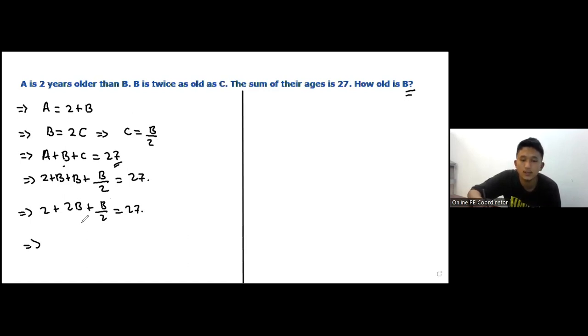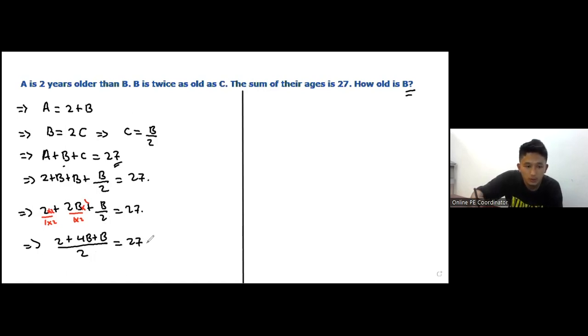We have to make the denominator the same, but you can't directly add it together. The denominator of the other terms is 1, and 2 for the fraction, so we have to make the denominator the same. So multiply both sides by 2. What you will get is 2 times 2 plus 2B plus 2B plus B, divided by 2 equals 27.